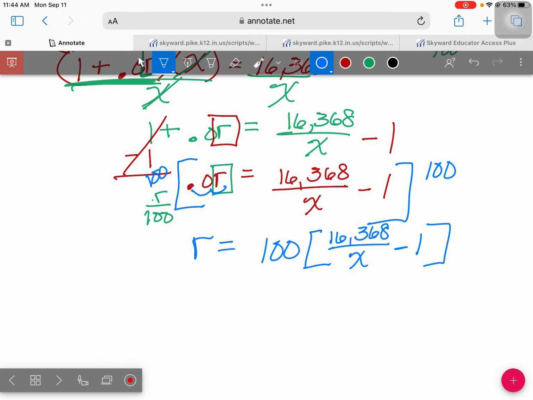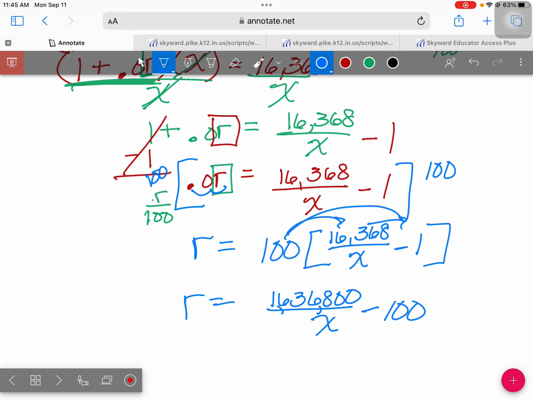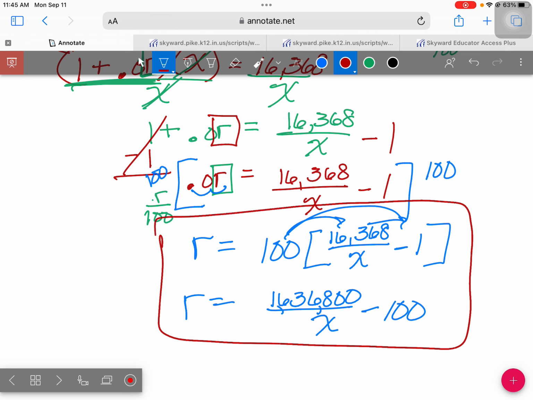Now, I could simplify that a little bit and say this is 1,636,800 divided by x. I'm just distributing this 100, minus 100. Yes. I would take either one of these.